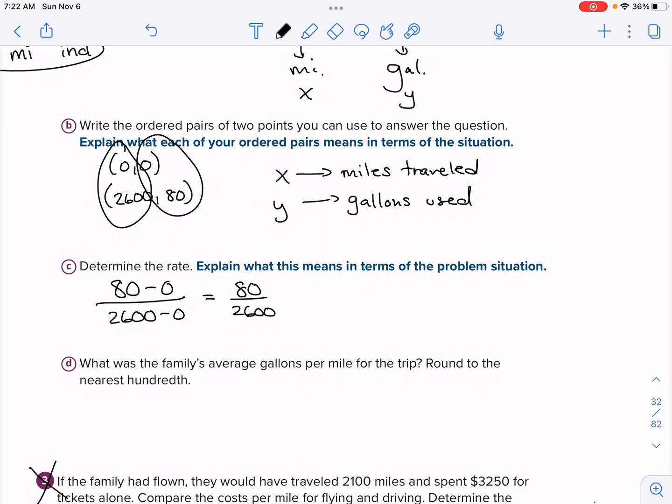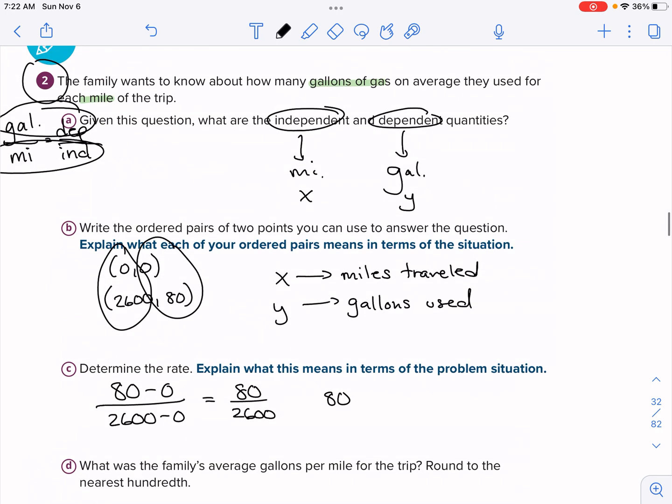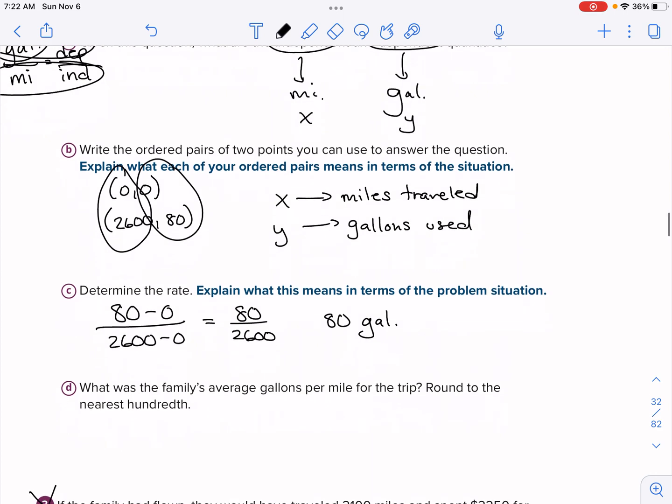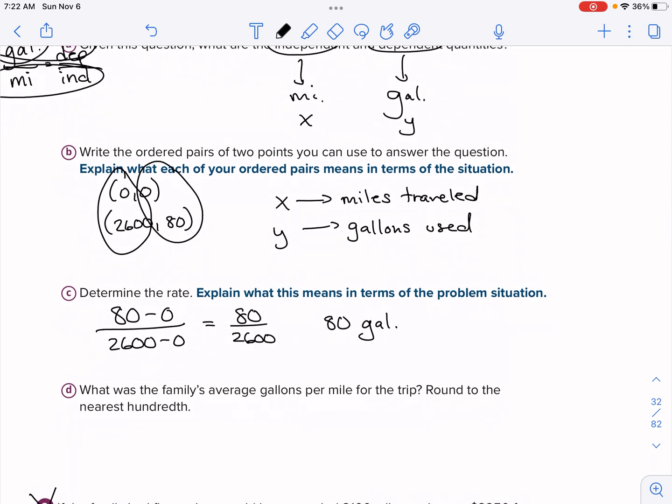The numerator is represented by gallons: 80 gallons of gas for every 2,600 miles driven. We'll put it in past tense.